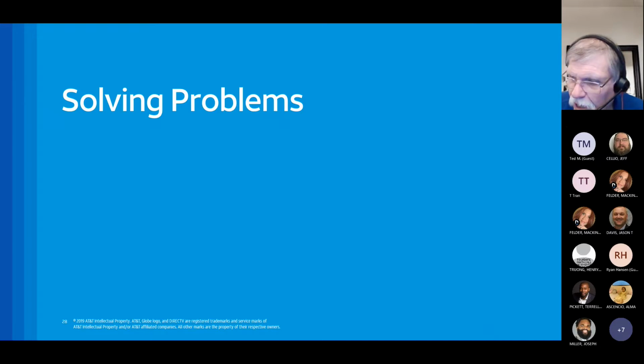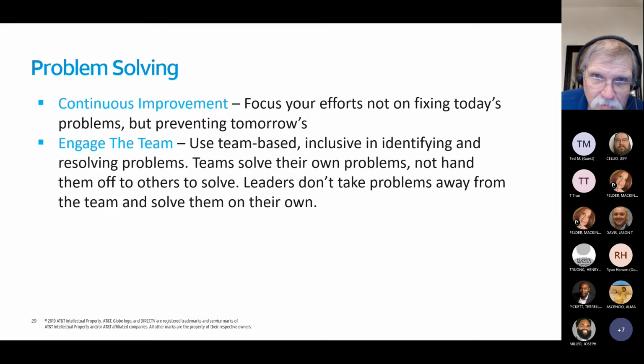All right. We've got problems. We've identified them. How about if we solve some? Okay. What we want to be able to do is have continuous improvement of everything that we do, so that we want to be able to prevent problems coming up. Actually, we don't want to have to deal with them as a way of doing business.